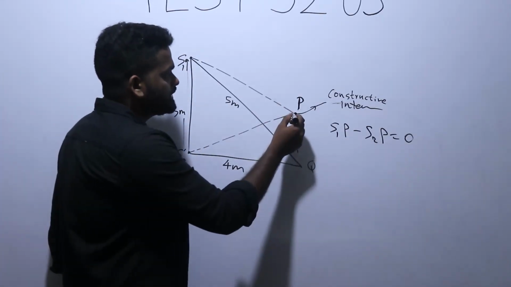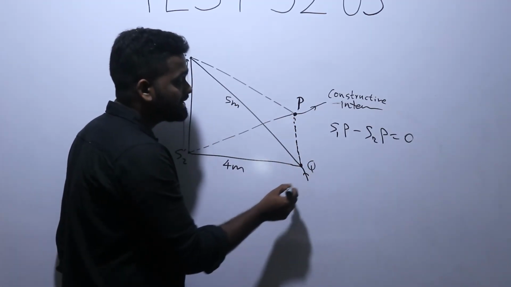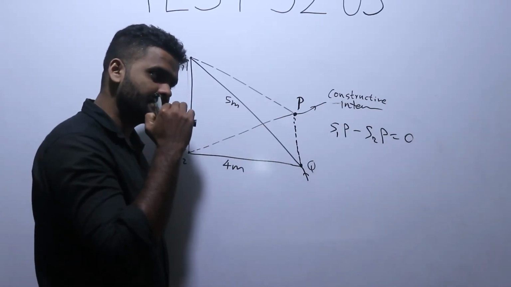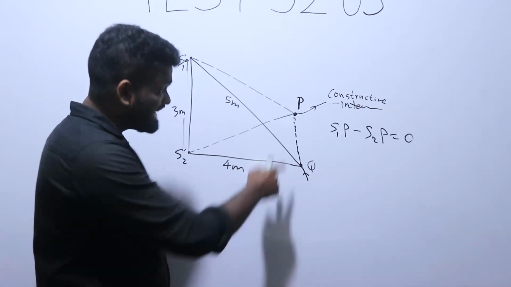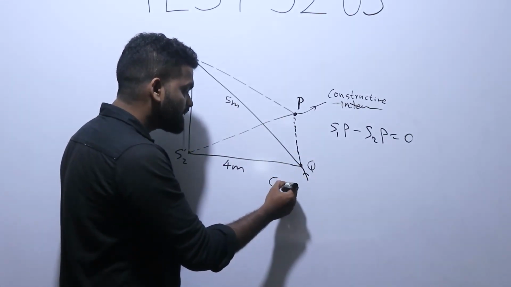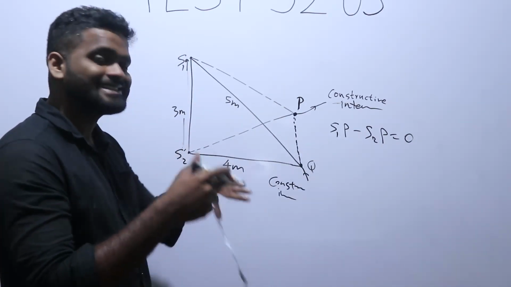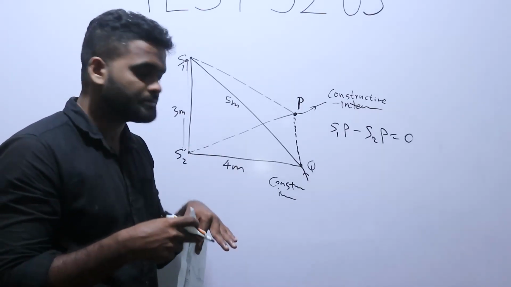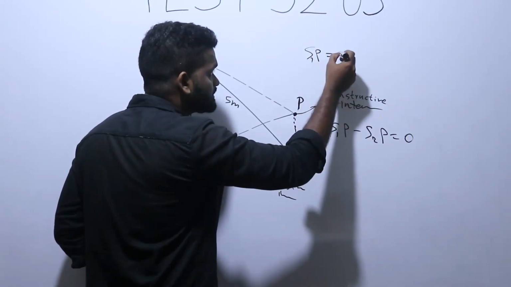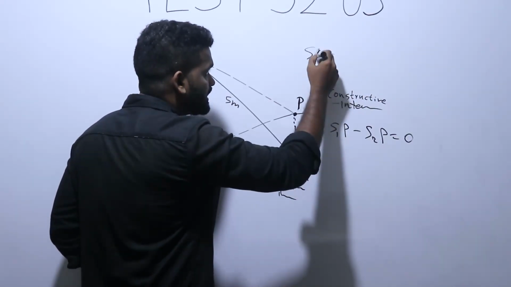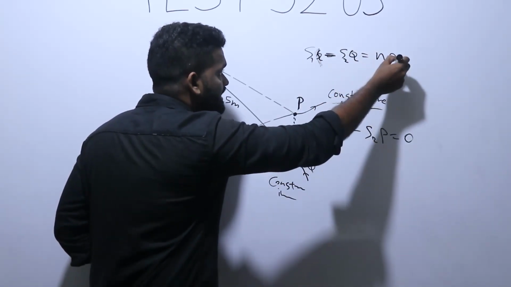If you move the detector to Q, they say at Q the detector again notices a maximum intensity. So again there is going to be constructive interference. In order for constructive interference to happen, the general equation is S1Q minus S2Q equals n lambda.